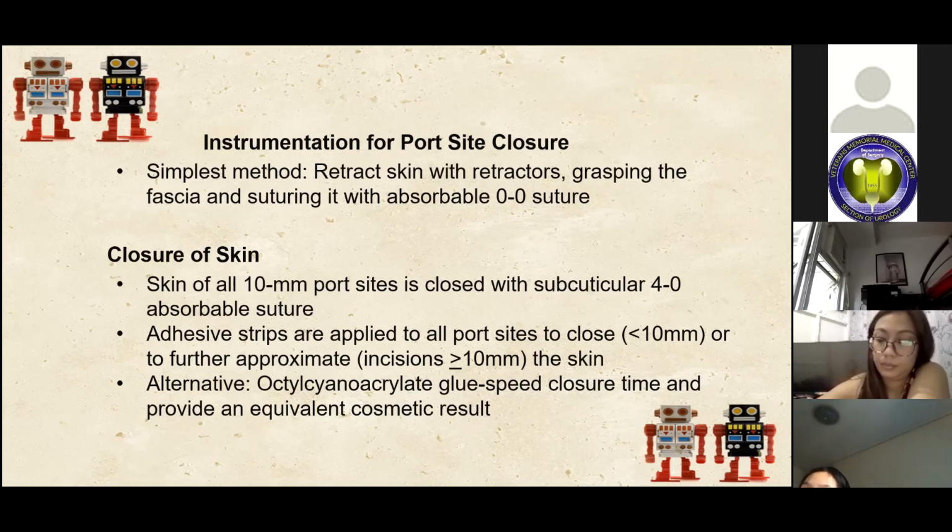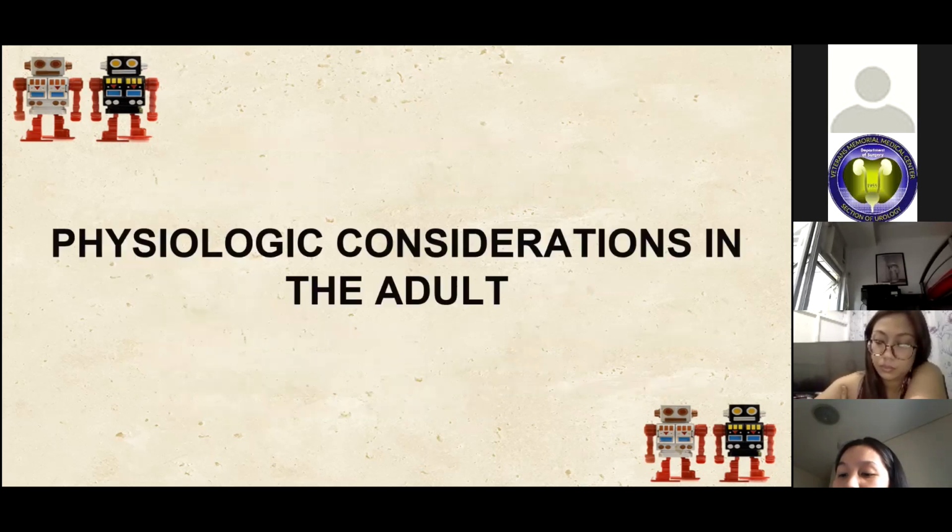Adhesive strips are applied to all port sites to close those less than 10mm or to further approximate those incisions more than or equal to 10mm. An alternative is octyl cyanoacrylate glue, which speeds closure time and provides an equivalent cosmetic result.